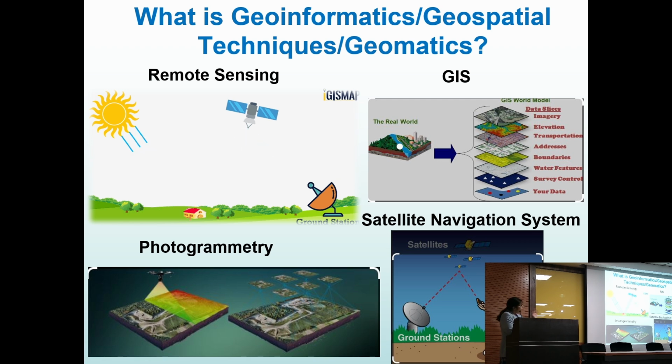This photogrammetry is based on the stereo vision technique. In digital photogrammetry, different stereo pairs of satellite images are used to generate a digital elevation model, and based on that, measurement of height and of buildings can be done.